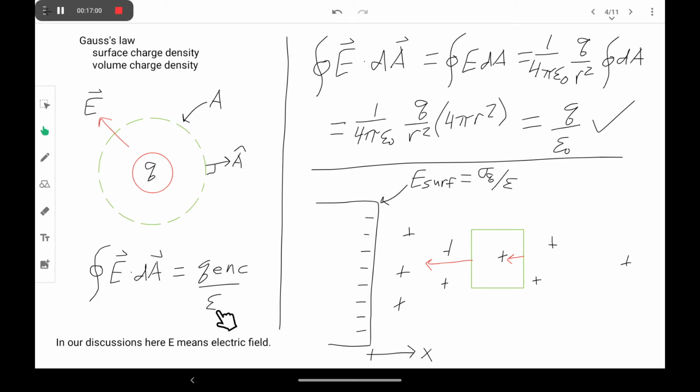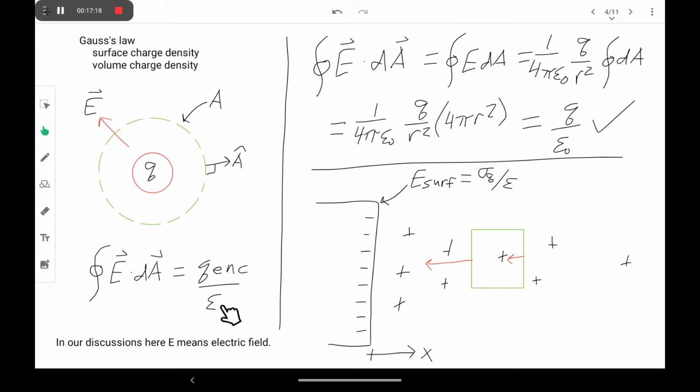And that's pretty amazing, because this could be pretty darn complicated, but Gauss says it's going to be equal to this no matter what the surface is. So you can pick a complicated surface or a simple surface, but if you do that integral correctly, it'll always end up with Q enclosed over this constant epsilon.